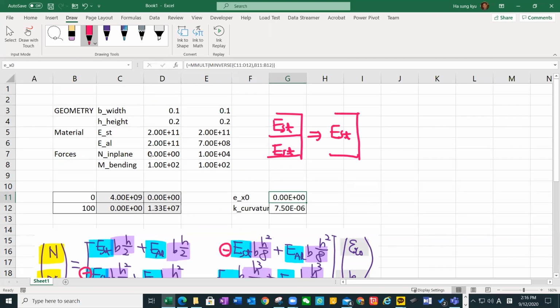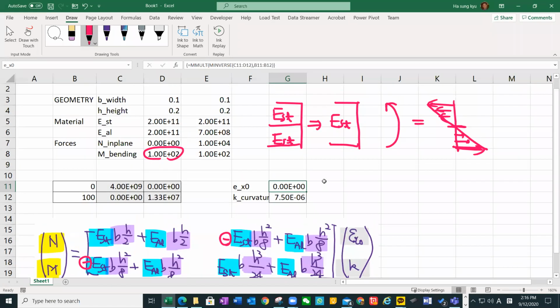And subject to only a moment, then the stress will always be something like that, right? Okay, so here at the center, in-plane strain is 0. Okay, it seems to be correct.